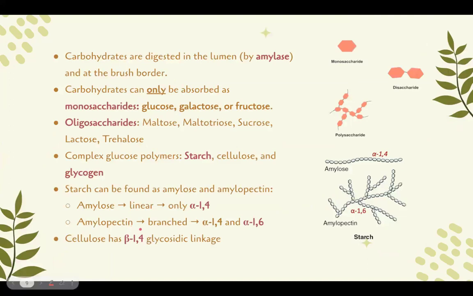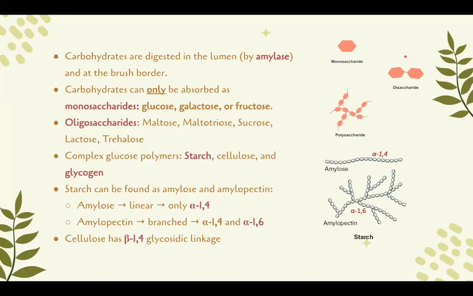Now, first we need to know a basic structure of carbohydrates. Carbohydrates are made up of these small units called monosaccharides. Then these monosaccharides join together to form oligosaccharides. And oligo basically means few. So oligosaccharides could be 2 monosaccharides, it could be 3, and so on.